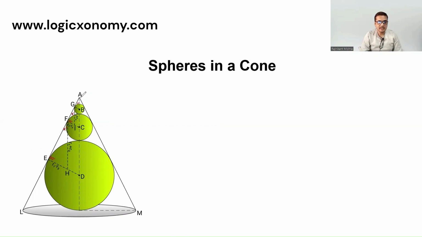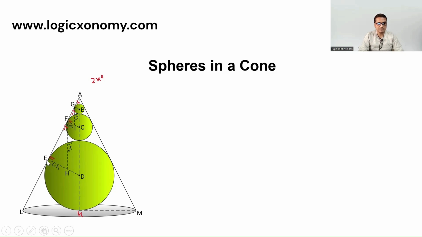If this apex angle LAM is equal to 2x degrees, then LAH is equal to x degrees, half of LAM. Since AH is parallel to GI parallel to FH, these are corresponding angles, so all angles are x degrees.